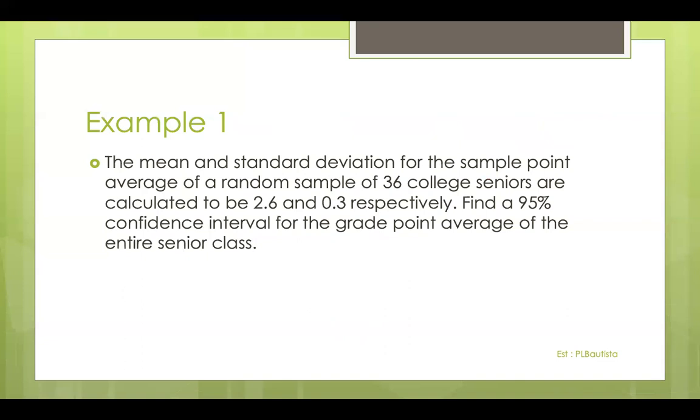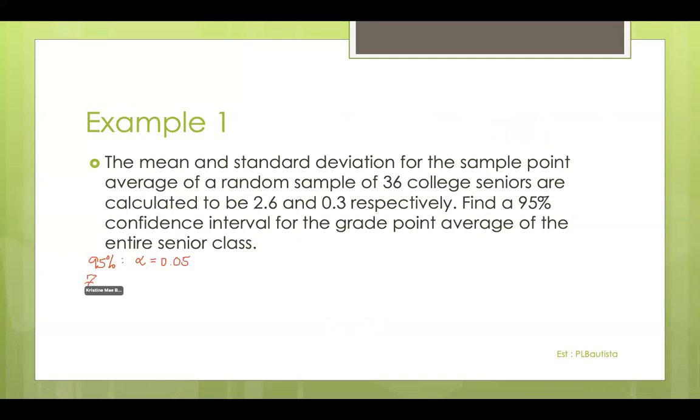Going back, in order to get this interval estimate, we start first by obtaining the z alpha over 2 value. Since we are looking for a 95% confidence interval, our alpha is 0.05.